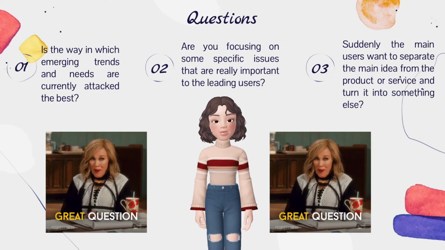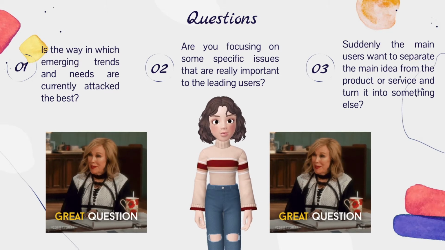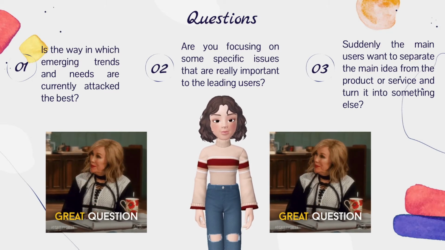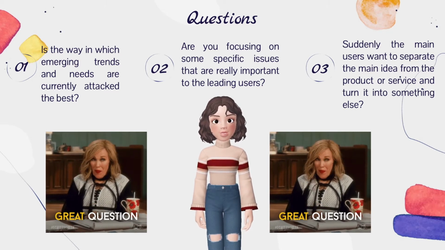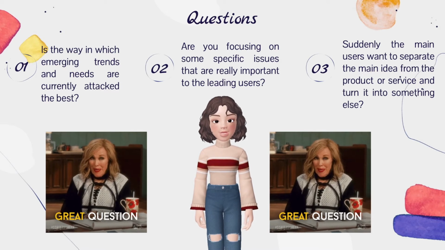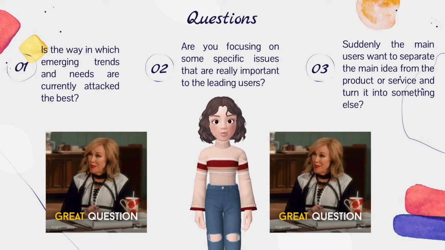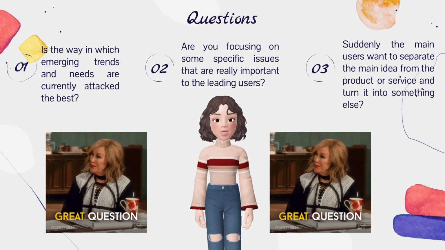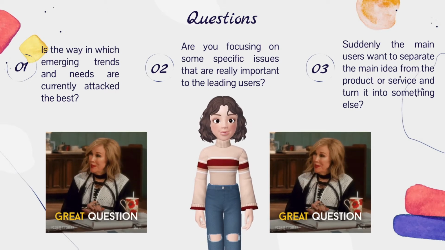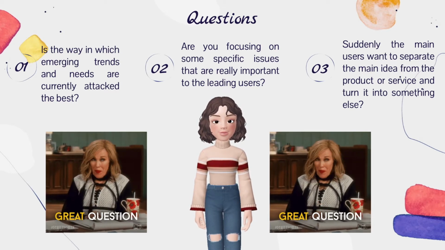The lead users might answer that what the manager says is true. But if they are looking to see the field in which they operate in a much broader way, they should be asked different questions to keep winning. The questions could be: is the way in which emerging trends and needs are currently addressed the best?